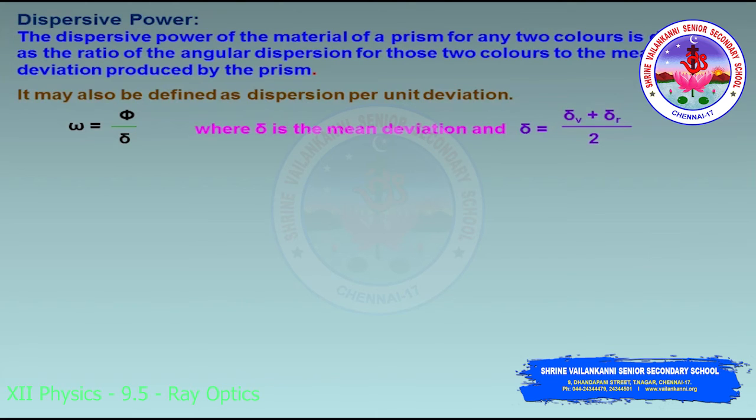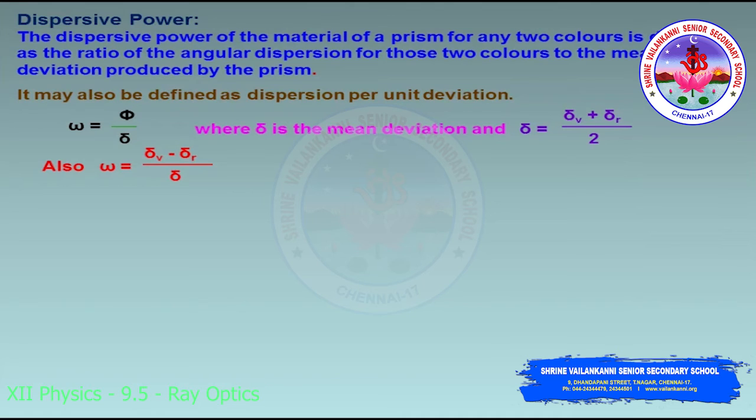We take the angular separation between the two extreme colors as the angular dispersion, and the mean deviation sigma is equal to sigma v plus sigma r by 2. So omega is equal to sigma v minus sigma r by sigma, the ratio of angular dispersion to mean deviation.